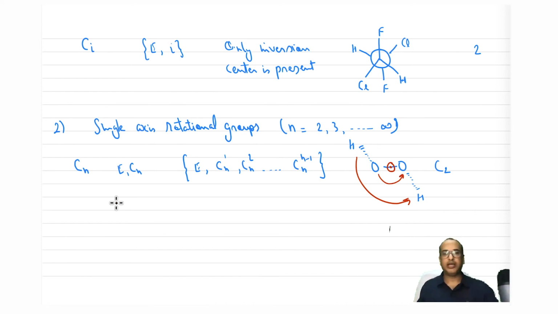Another example for Cn is hydrazine. Hydrazine is N2H4, and you can draw the structure in a Newman projection.